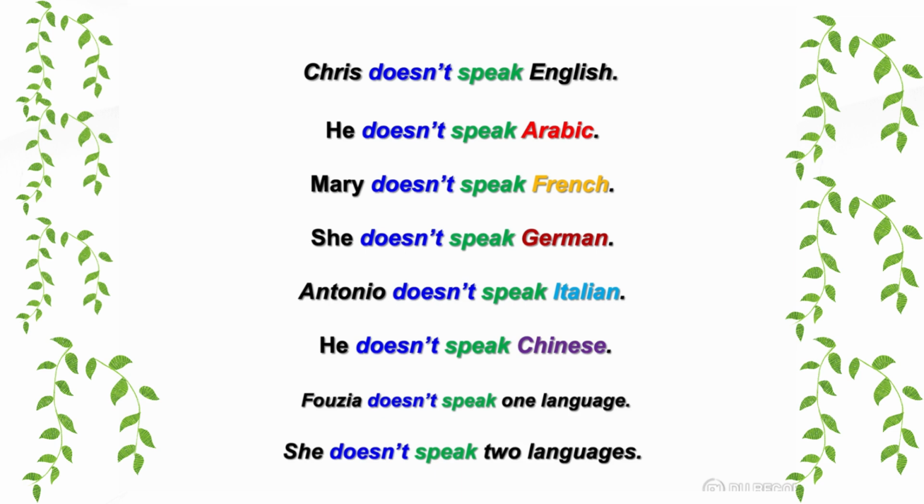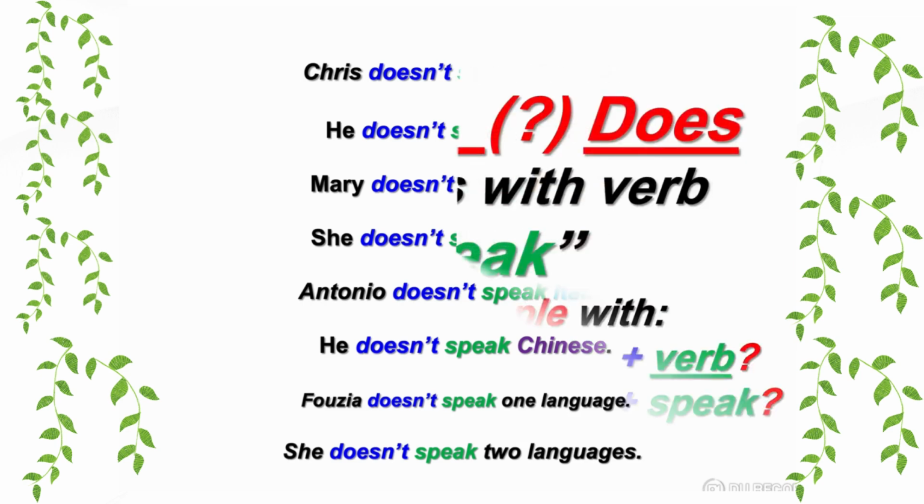Antonio doesn't speak Italian. He doesn't speak Chinese. Fuzia doesn't speak one language. She speaks two languages. She doesn't speak two languages. She speaks three languages. So you see, doesn't speak. We don't have s with the verb when we have the word doesn't. Let's practice them. Let's go to the question form.